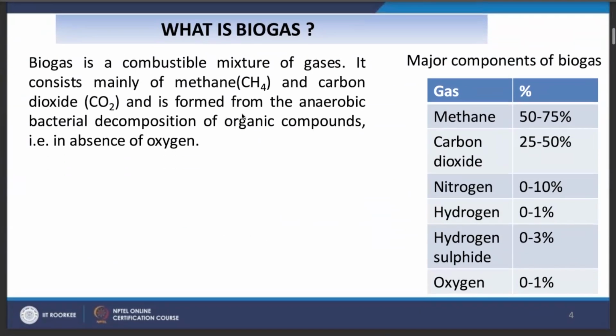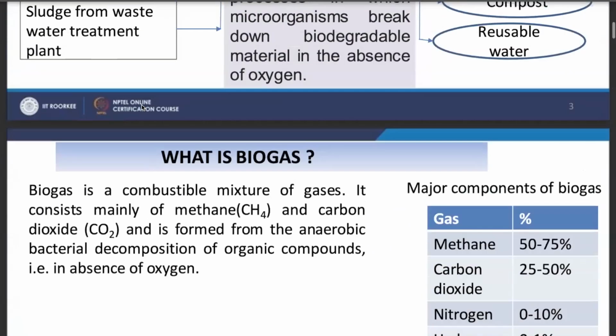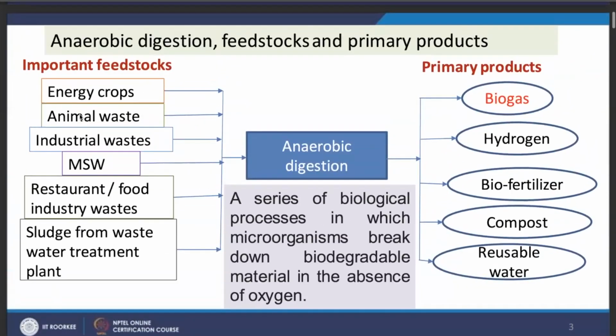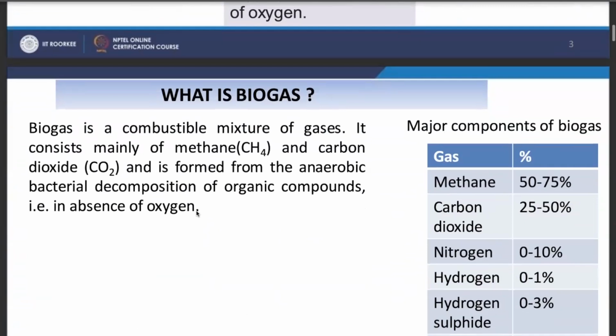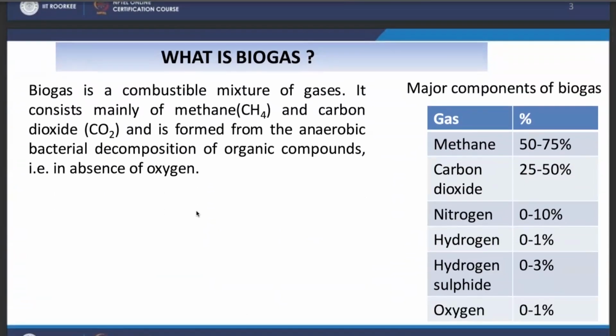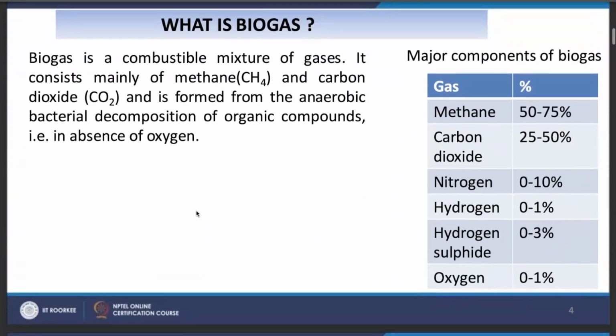So the major constituents of biogas: though the major components are methane and carbon dioxide, there are other components present in the gas, because as we know, these are the input materials, right? This is the input feedstock. So all of it won't be converted completely into methane or carbon dioxide. So there will be some intermediate products as well as some things which will be present in the end product.